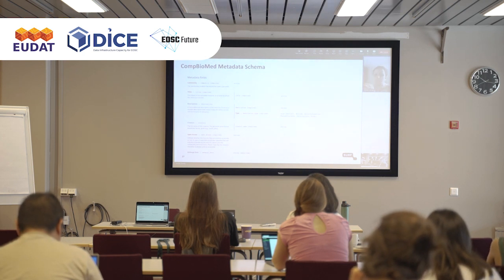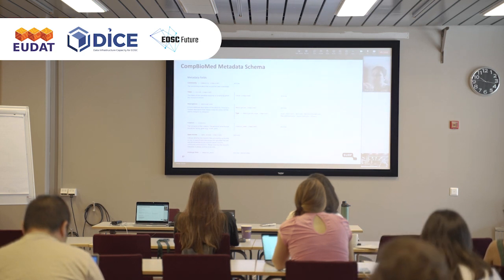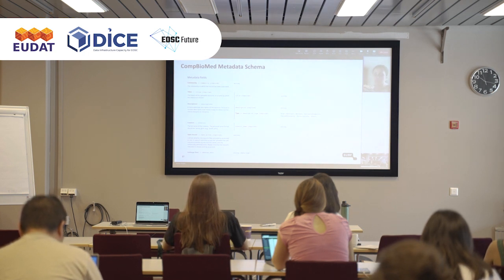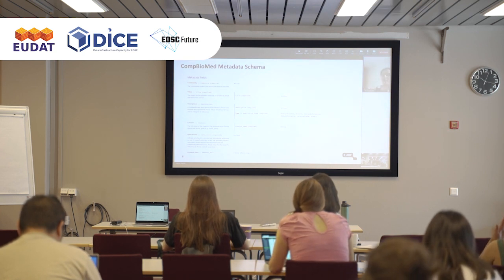But at the end, you can also define community-specific metadata. That is still not added for Combiomed, but we have worked with the researchers in the community to find out what are those specific metadata fields that would help them when they want to publish data.